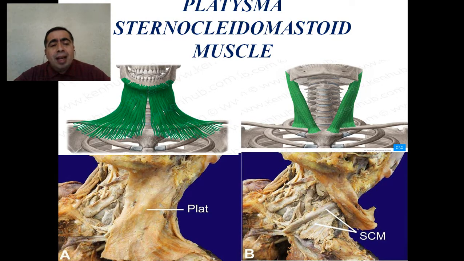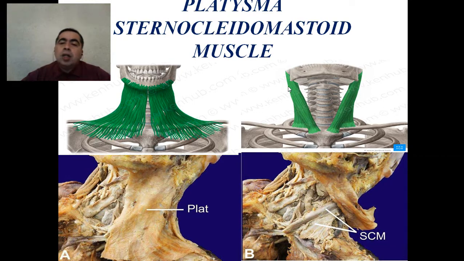This muscle has great importance due to the development of cosmetic and plastic surgery. It helps blood flow in the superficial veins of the neck, and superiorly the bundles, the fascicles of this muscle, are attached to the fascia and to the muscular portion of the depressor labii inferioris muscle.